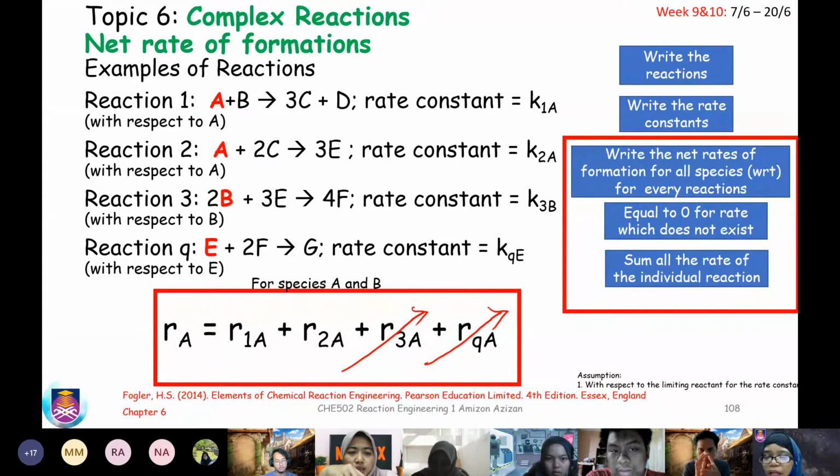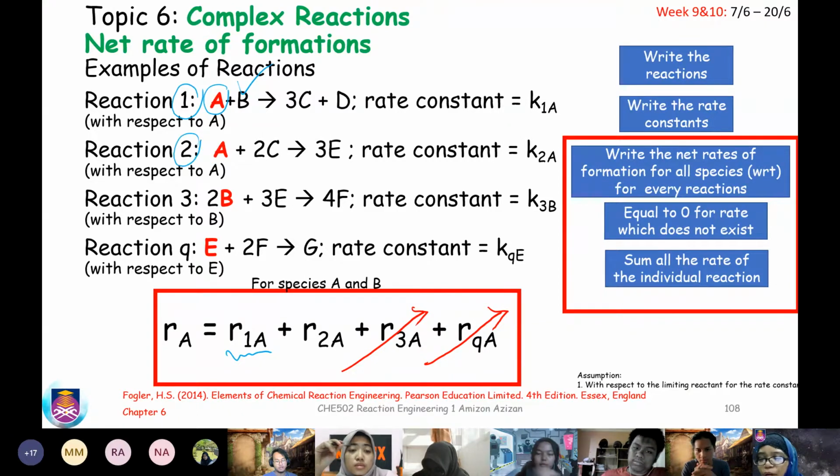For example, in reaction number 1, do we have A? Yes, we do. So we write the rate of formation of A. In reaction number 2, do we have A? Yes, we do. Thank you. So we have R2A.